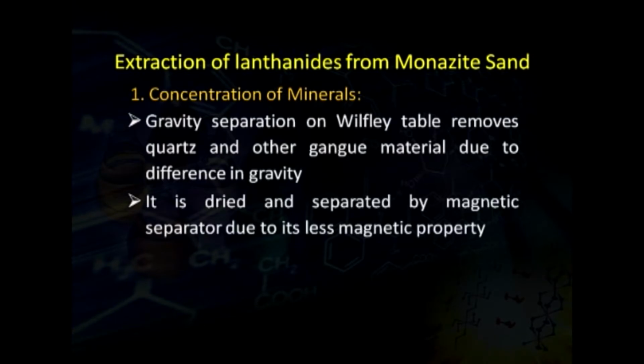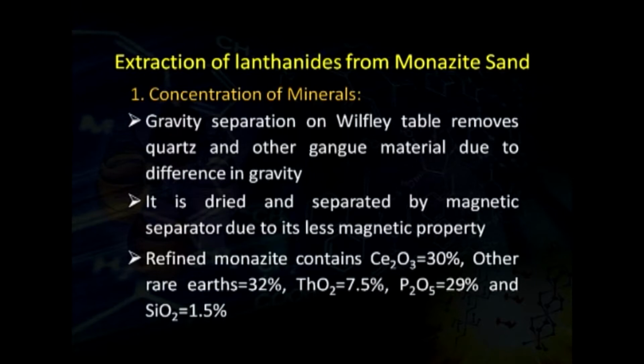It is dried and separated by magnetic separator due to its less magnetic property. Refined monazite contains the oxide of cerium 30% and other rare earths 32%, thorium oxide 7.5%, phosphorus pentoxide 29% and silica 1.5%.